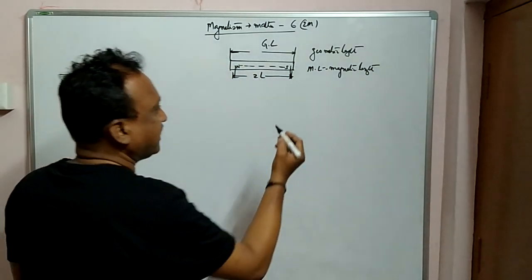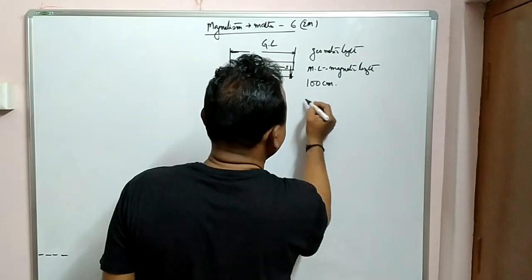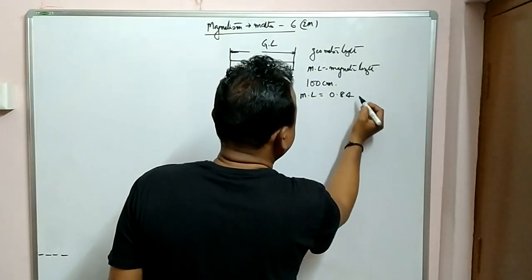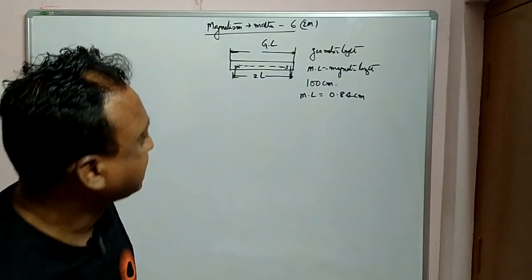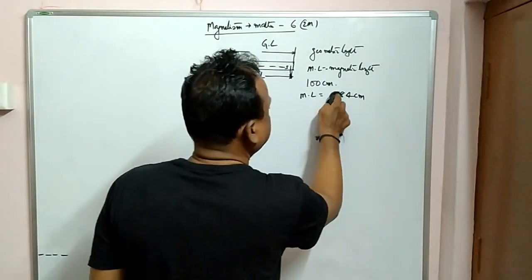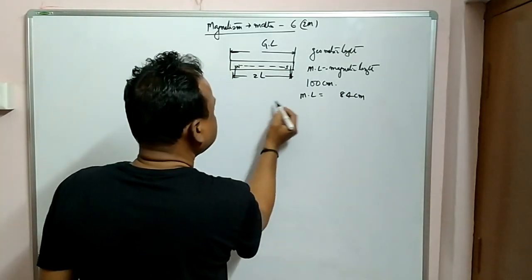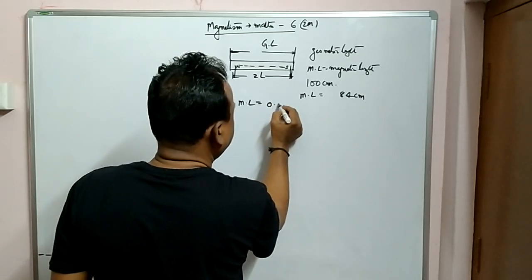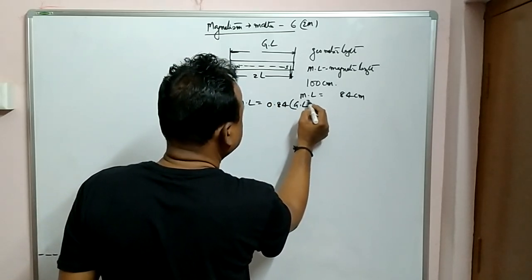But what was observed is, for example, say geometric length is 100 centimeters, magnetic length is considered as 84 centimeters. That means the magnetic length of the magnet is generally 0.84 times the geometric length.